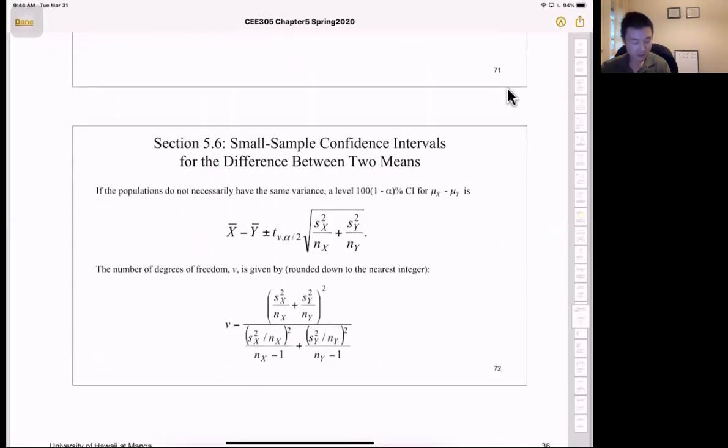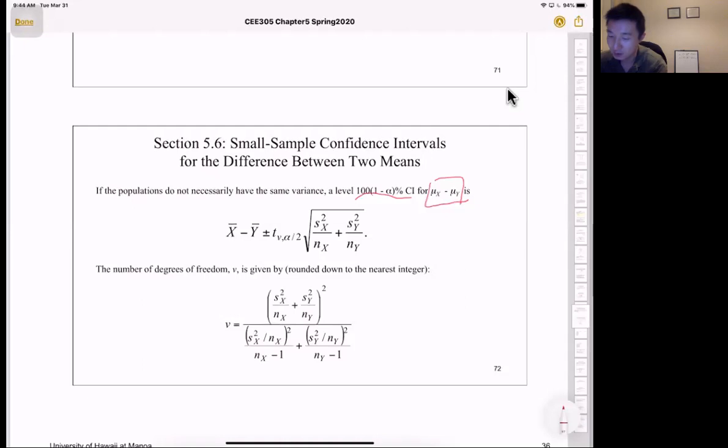If that's the case, and the two populations do not have the same variance, meaning sigma x and sigma y are not equal, then we can calculate a confidence interval at any confidence level for the difference between the two means, mu x minus mu y.